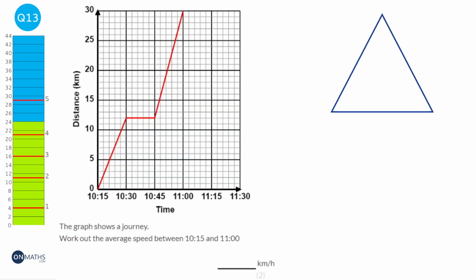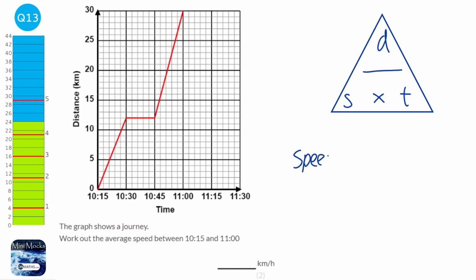So our triangle says that speed equals distance over time, and average speed is the total distance over the total time. So when we're looking for average speed, we're just going to write average speed, and it's going to be the total distance. So the distance starts at 0, goes up to 30.